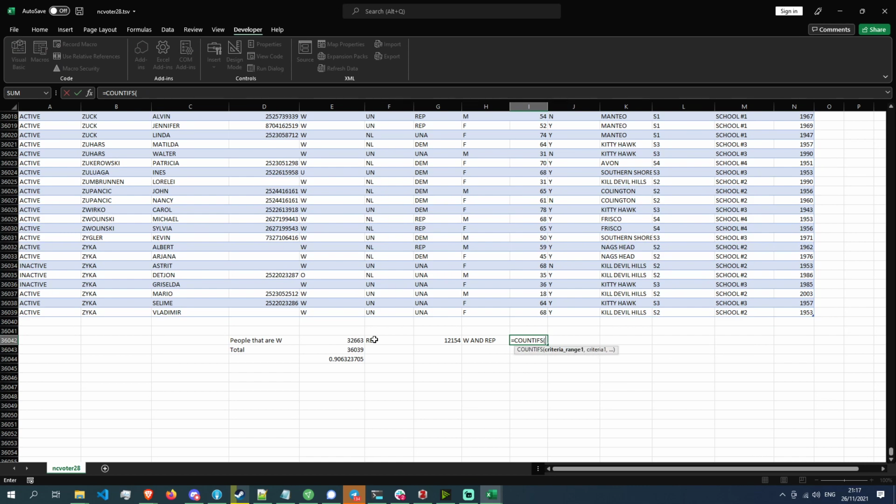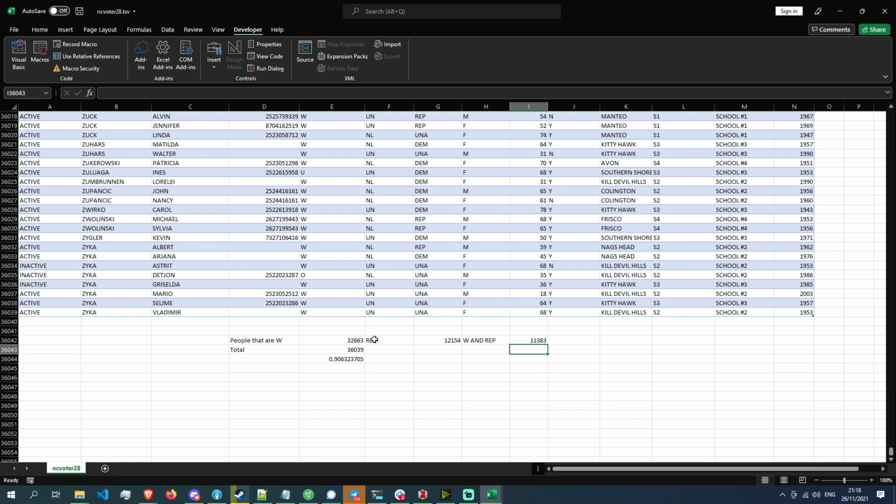Criteria range 1, criteria 1. Okay, let's go with E2 to E36039, equals white. G2 to G36039 equals Republican.